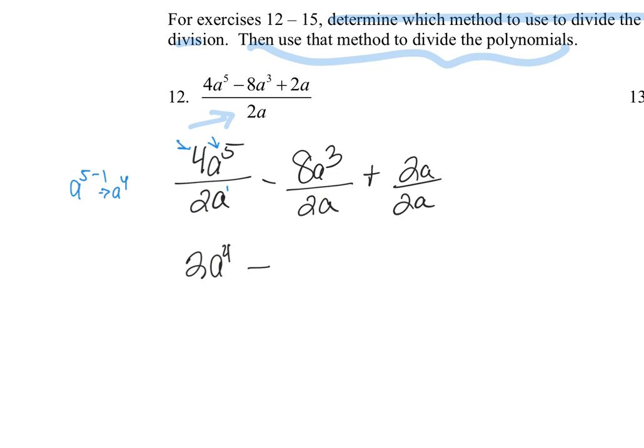Minus, next fraction, 8 divided by 2. That's 4. And then I have a to the 3rd minus 1. Because they're divided, you subtract, you get a squared. That's positive, so it will remain in the numerator. Plus, well, here I see 2 divided by 2 is 1. A divided by a is 1. So this all divides just to make 1.